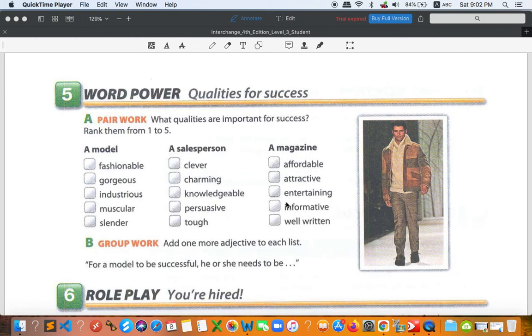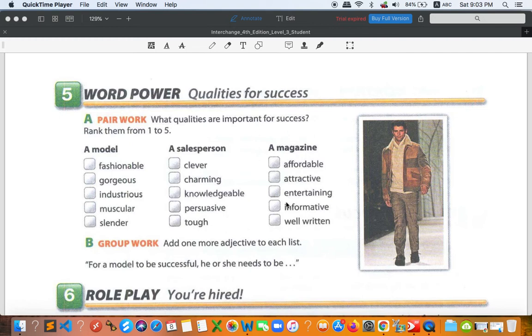Okay. So we have model, salesperson, and magazine. Let's begin with a model: fashionable, gorgeous, industrious, muscular, slender. So let's understand some of these words. Fashionable, it's like the way you dress yourself looks fashionable. Gorgeous, very beautiful.